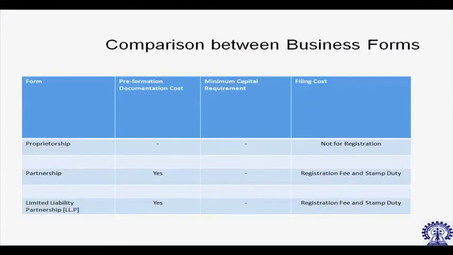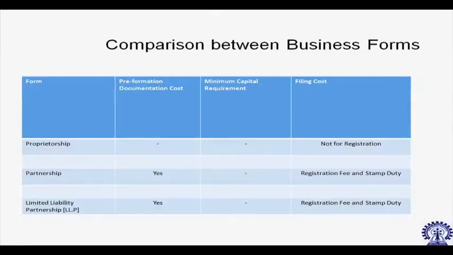Similarly, if you are talking about the limited liability partnership, you need to have a pre-formation document, and for preparing this document again you need professional advice, and you need to file a number of forms. In case of LLP, there is an important filing relating to the designated partner.